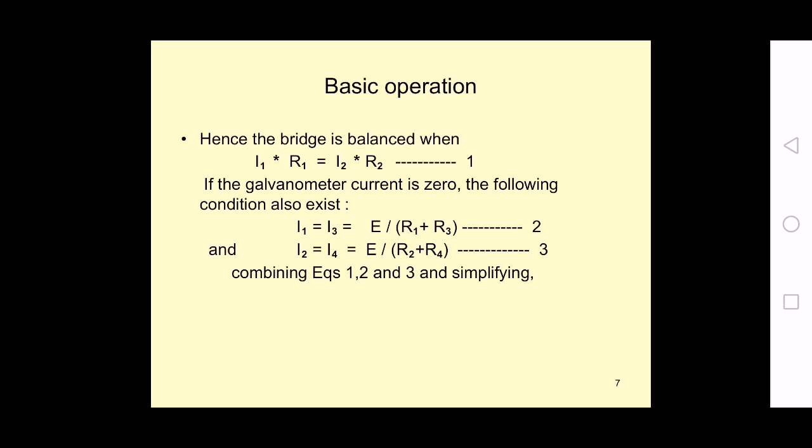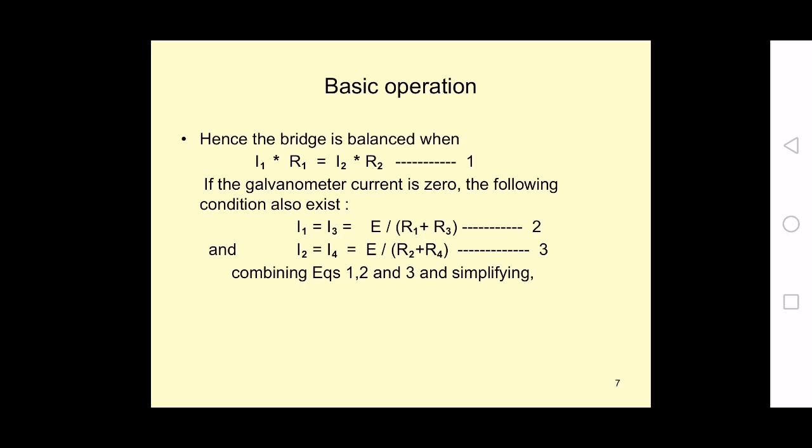So now we have three equations from the bridge balance. One is that the potential difference between points C and D is 0, meaning the potential across A and C, and A and D, will be equal. From that, I1 R1 equals I2 R2.